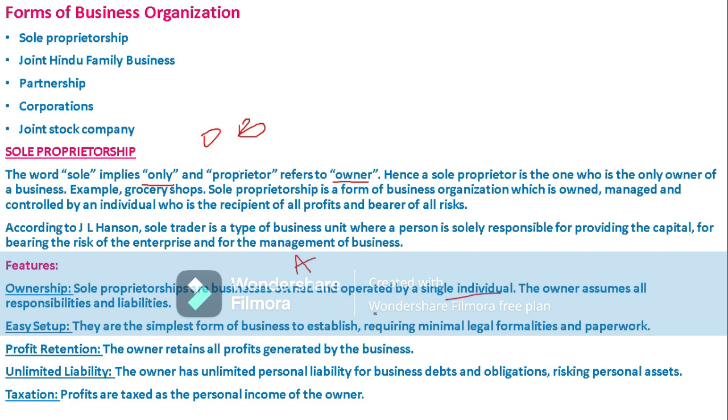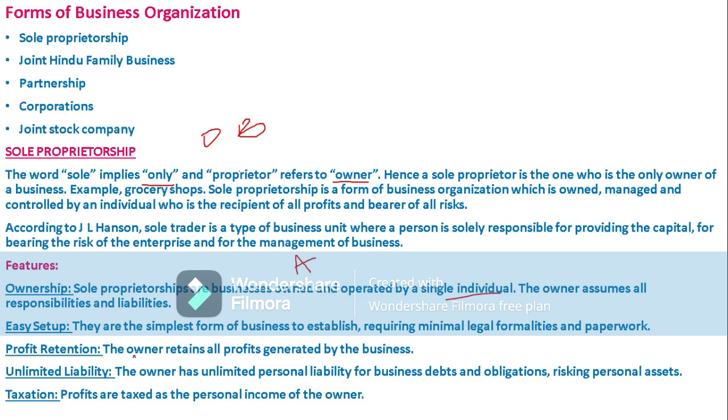But if we want to run any retail shop, some legal formalities or paperwork are needed, like taking a license. So we can say that it is an easy setup. Another one is profit retention.